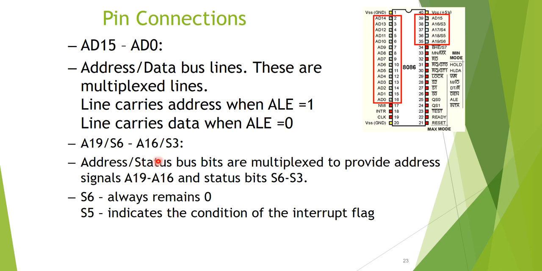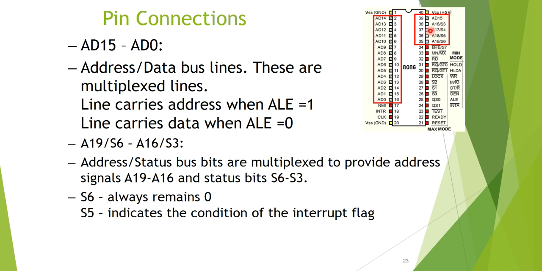Then the remaining A16 to A19 lines are also multiplexed with the status lines S3 to S6. So we have the AD0 to AD15, that is the multiplexed data and address bus.